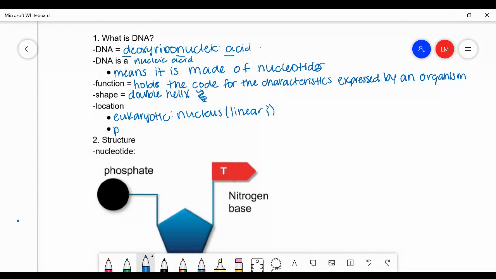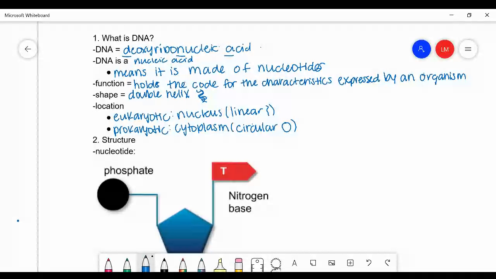In prokaryotic cells, DNA is found in the cytoplasm, and it is circular. So both ends of the DNA are connected there.